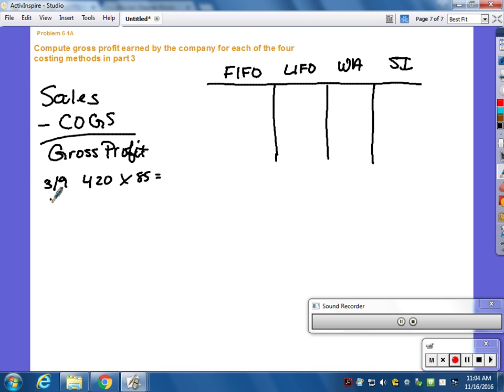And then on March 29th, you did 160 units at what price? $95. So you need to calculate that because these are sales. And then your cost of goods sold on 3.9 and 3.29 for FIFO.